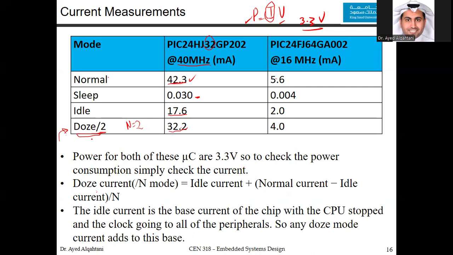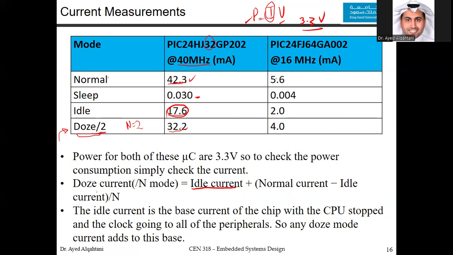Now, to calculate the doze current for a certain n doze mode, you have the idle current, which is this value. You should be able to measure it or find its value, or in our case, if you were asked a question, then the idle current should be given to you.